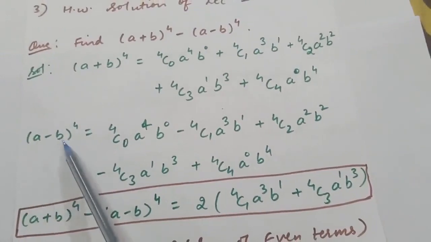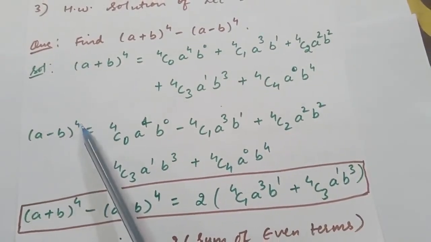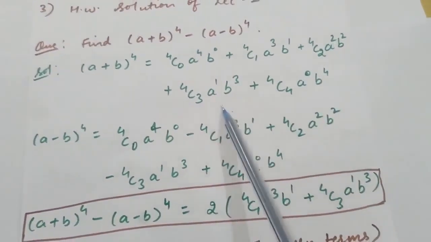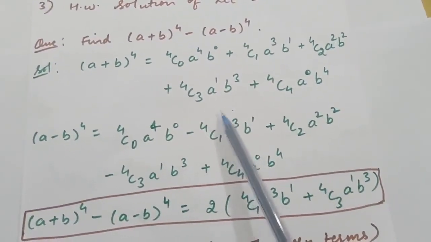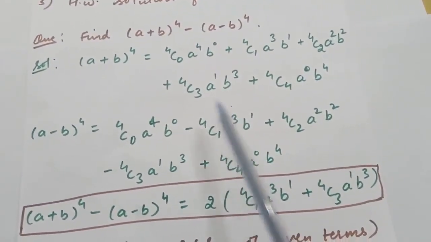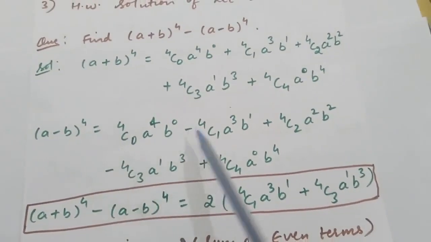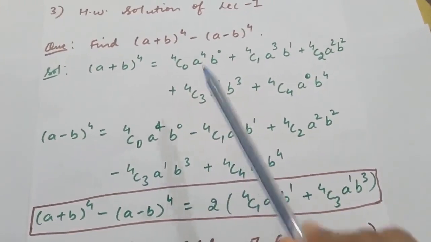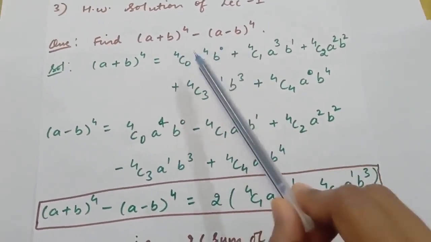Because in (a - b)^4, only these same terms will come, but the signs of plus and minus come alternately. First plus, then minus, then plus, then minus, then plus. Right? Now we have to find the difference of these two.